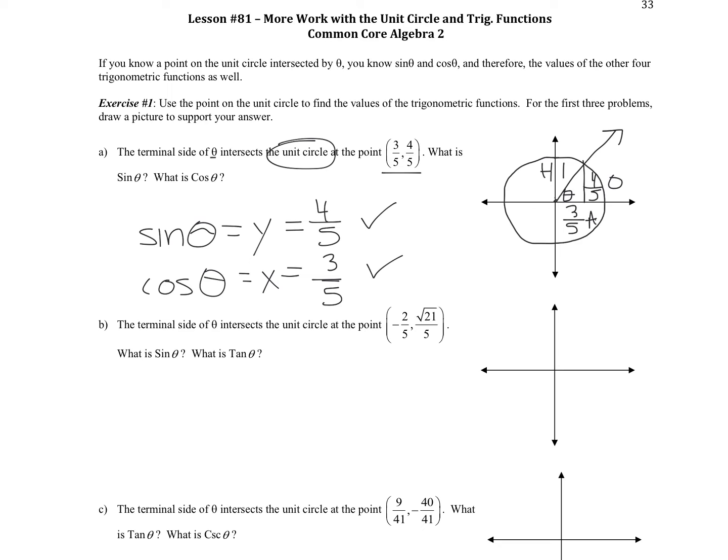Now, the biggest mistake people can make, they'll see something and they'll say, here's a point, 4, 7. And they'll say the cosine of the angle is 4 and the sine of the angle is 7. So first off, and you'll see even more when we do graphs, you cannot get a sine value of 7 or a cosine value of 4.